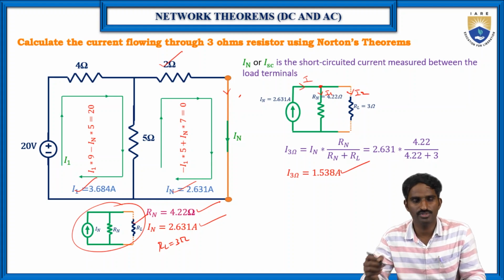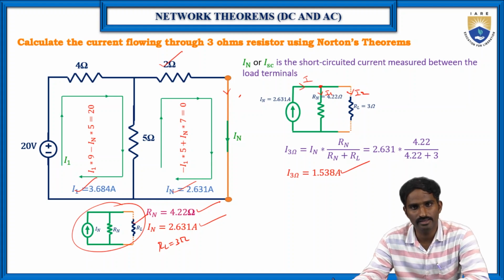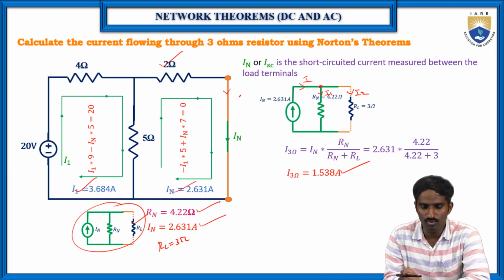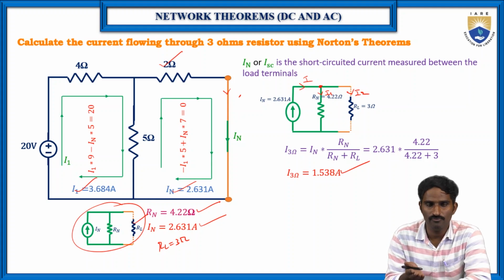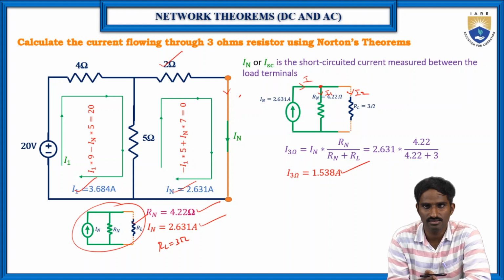So this is the procedure to apply Norton's theorem. Okay, so almost 50% of the procedure is the same as Thevenin's theorem, because here also we need to find Rn, that is R Norton, which is the same as R Thevenin. And of course there the 3 elements, V Thevenin, R Thevenin, and RL, are in series.